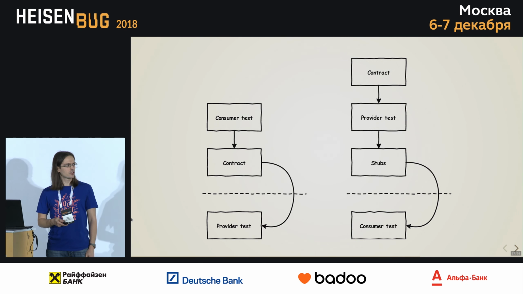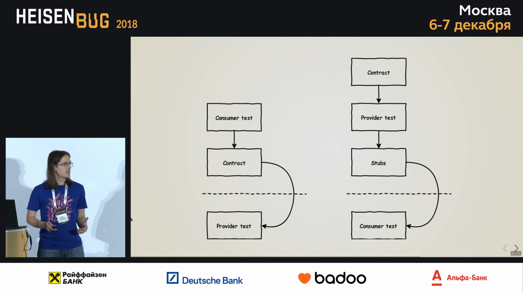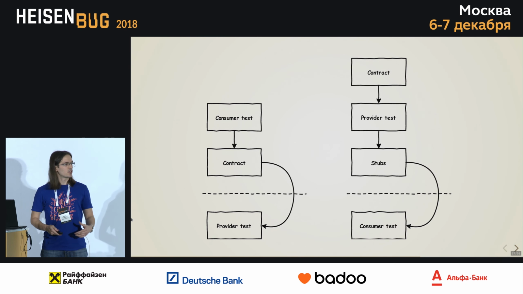Here, the contract is owned by the provider. In fact, if you are a provider and you want something to be changed in the contract, you go to the consumer team and ask them kindly to make a modification. Now, in Spring Cloud Contract, you own, as the provider team, the contract.